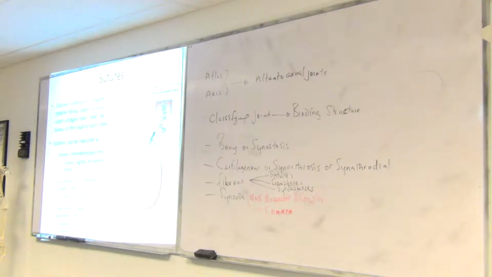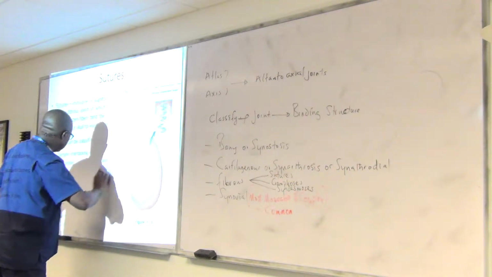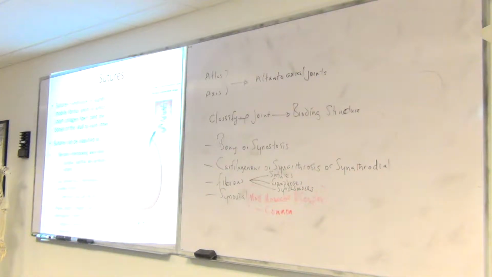The lap, or squamous suture, has overlapping beveled edges. They are not wavy, but they are overlapped, so the edges are beveled. So let's look at it. You can see this is overlapping, but not wavy like the coronal, the lambdoid, or the sagittal.